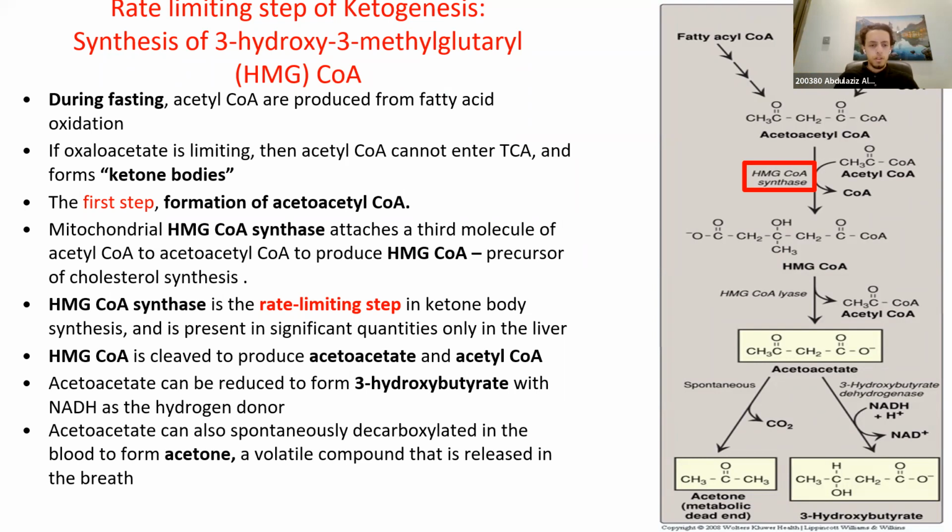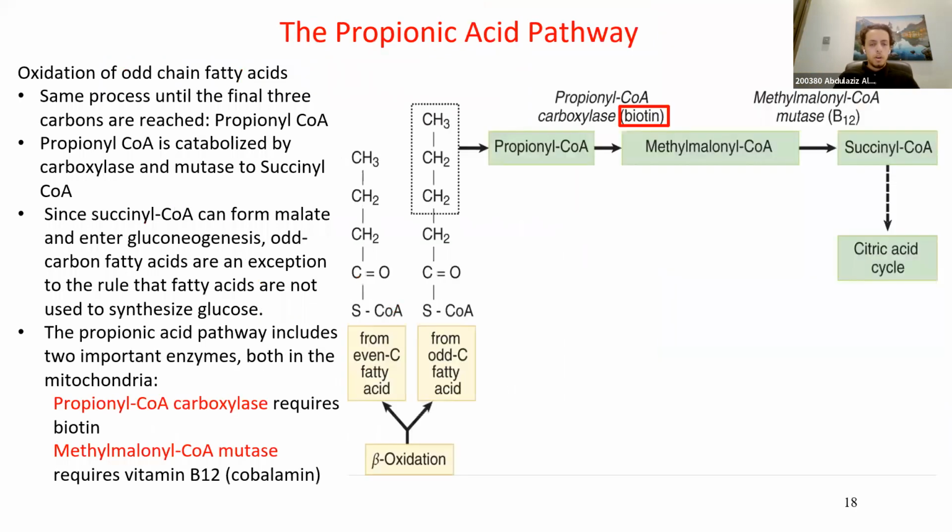No problem. Okay, so simply propionyl-CoA is the result of beta oxidation of an odd chain fatty acid. So odd chain, meaning it is 17 carbons, 15, 19, whatever carbons it is, it's an odd chain. So remember, as we said, the beta oxidation removes 2 carbons at a time.